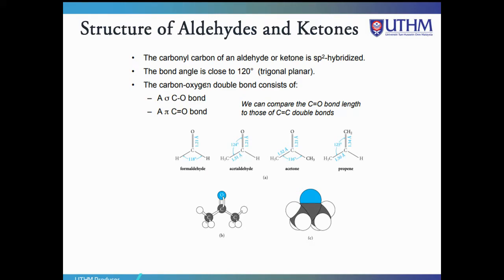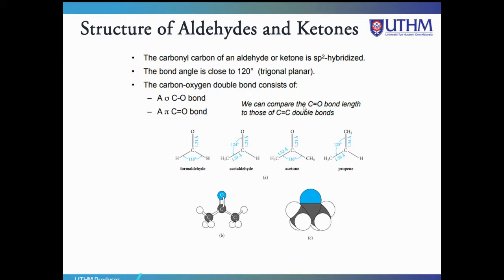Structure of aldehyde and ketone. The carbonyl carbon of an aldehyde or ketone is sp2 hybridized. The bond angle is close to 120 degrees, trigonal planar. The carbon-oxygen double bond consists of a sigma C-O bond and a pi C double bond O bond.